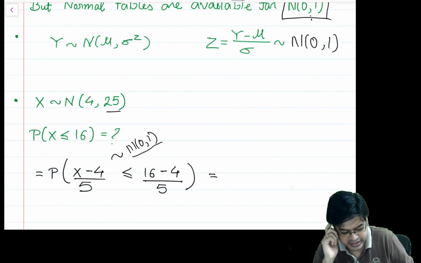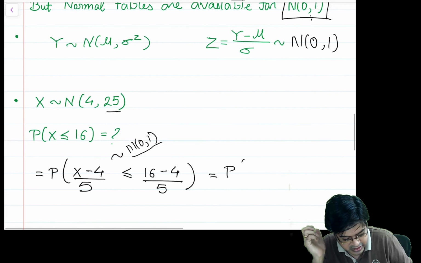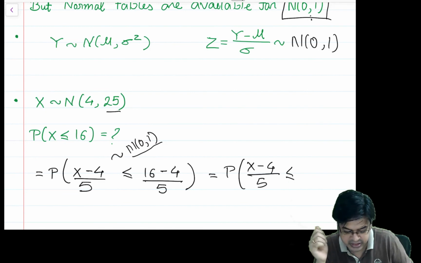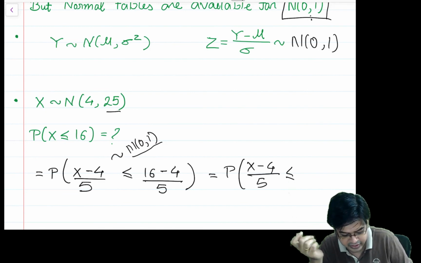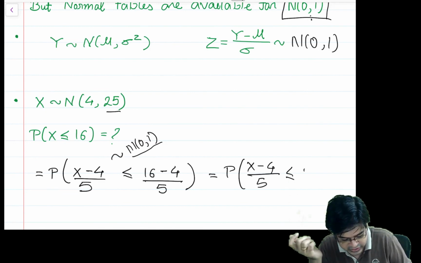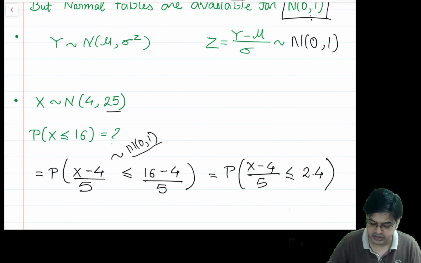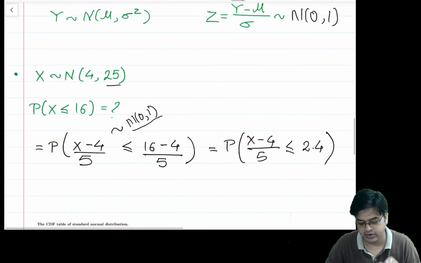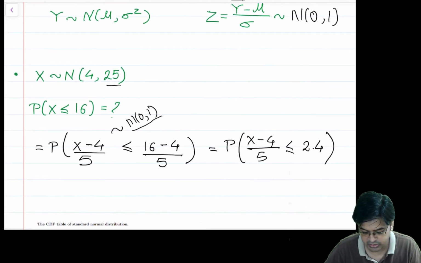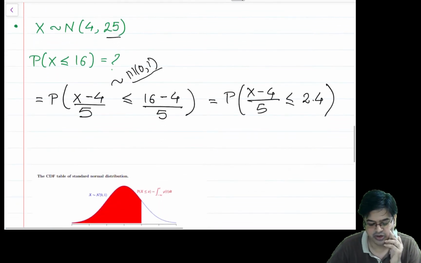So in order to find the answer, let me write this again: x minus 4 by 5 less than or equal to 16 minus 4, 12, 12 by 5, 5 2s are 10, 5 4s are 20. I hope this is correct. So it's 2.4. So I want to find what is the probability that x minus 4 by 5 is less than or equal to 2.4.